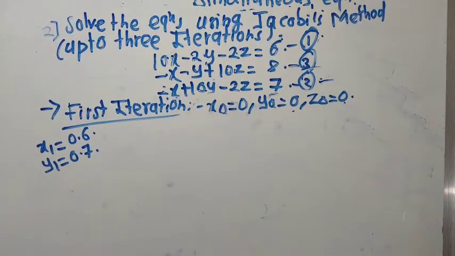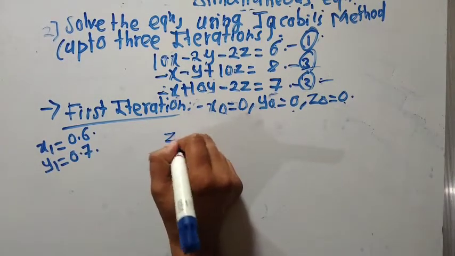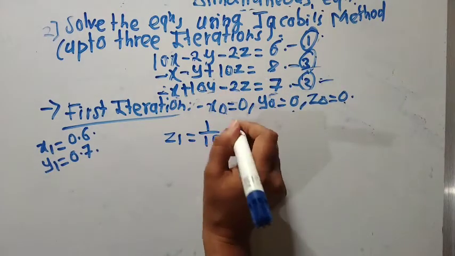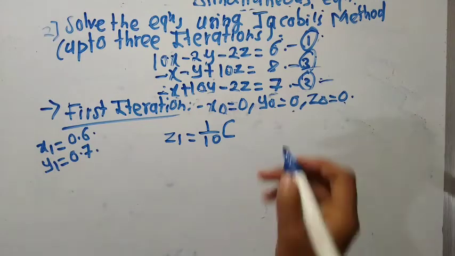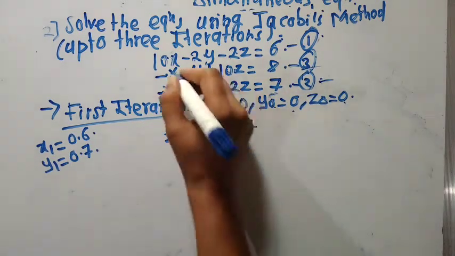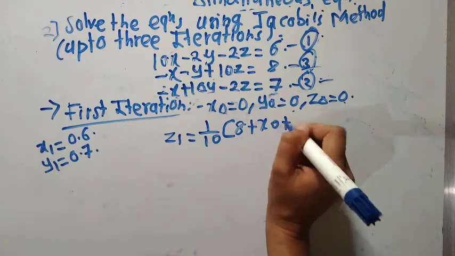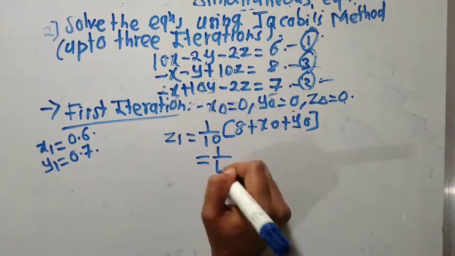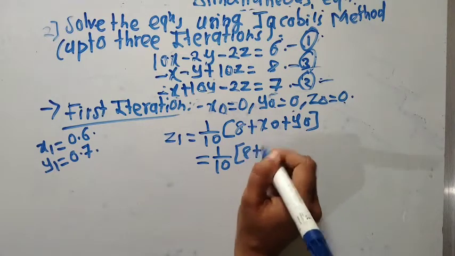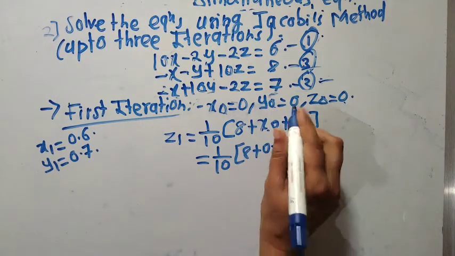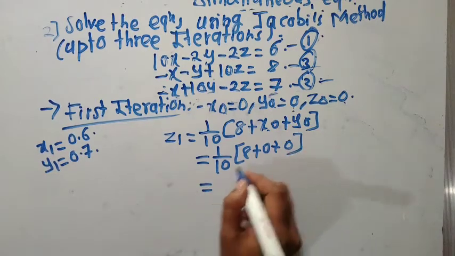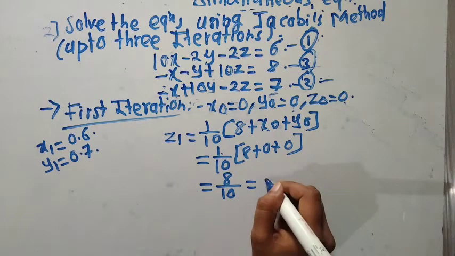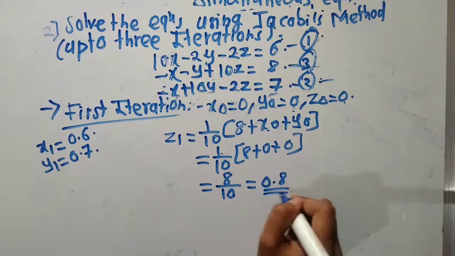Then find out z1. So z1, by using the third equation, is 1 divided by 10, 8 plus x0 plus y0, which is equal to 1 divided by 10, 8 plus x0 is 0 plus y0 is 0, which is equal to 8 divided by 10, and 8 divided by 10 is 0.8.